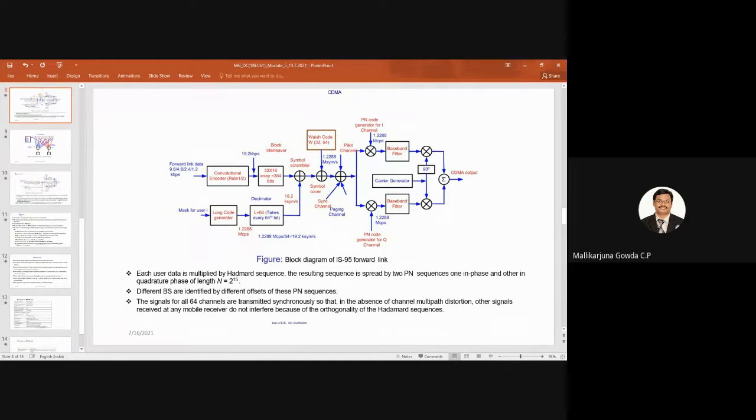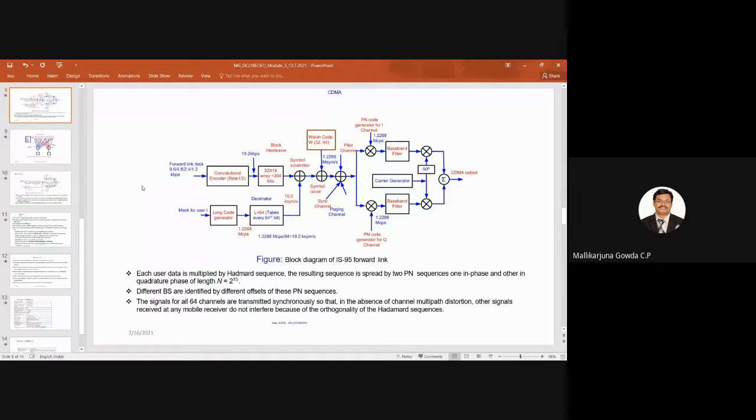I was telling about this forward link, right? What I said at the beginning: the speech is converted into a digital signal by using a vocoder known as the code excited linear predictive coder, that is the CELP coder.